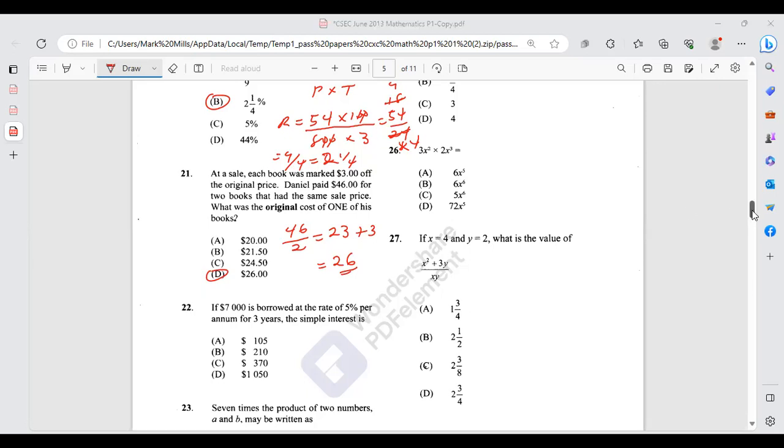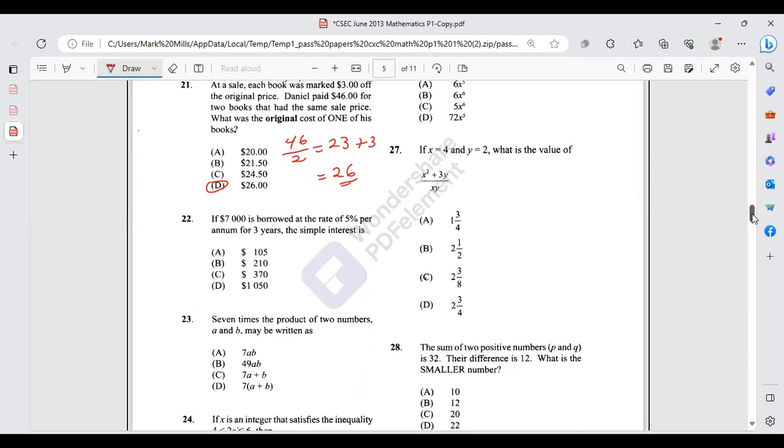All right. Number 22. If $7,000 is borrowed at the rate of 5% per annum for 3 years, the simple interest is, so interest, how would I work this out? Anybody? Oh, so principal times rate over 100. It's 7,000 times rate, which is 5 times 3 over 100.